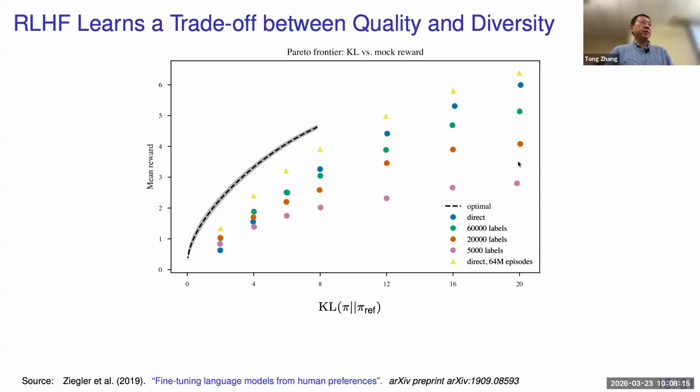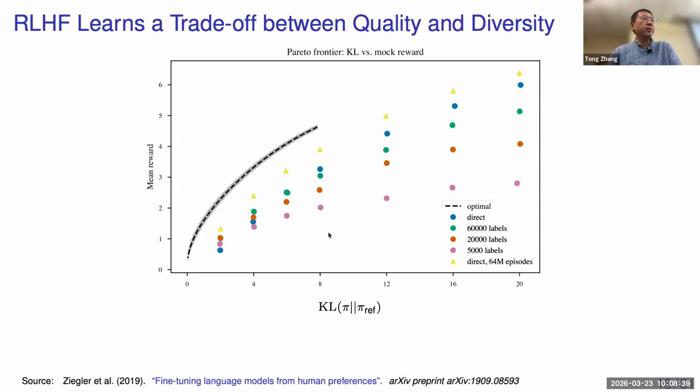There's a trade-off: when you increase reward, you also need to increase your KL, and you want to say, okay, I will stop here. The reason is if I go further, the policy goes too far away from my base model or reference model, and this one is the one with the best trade-off.